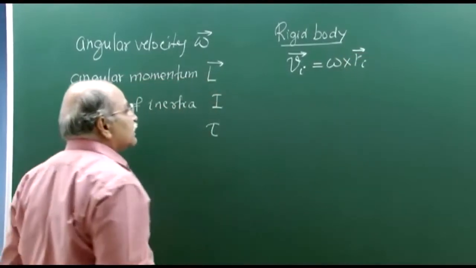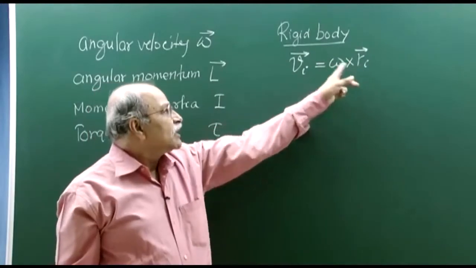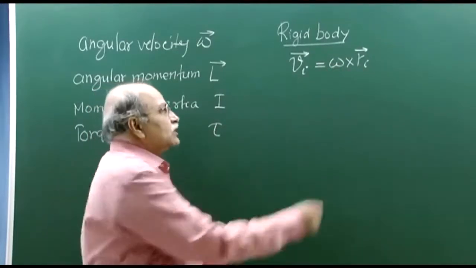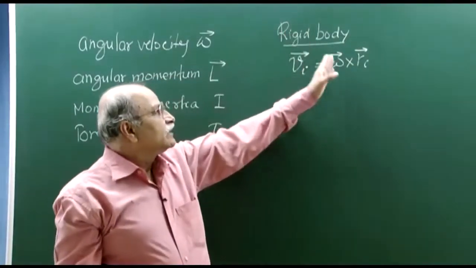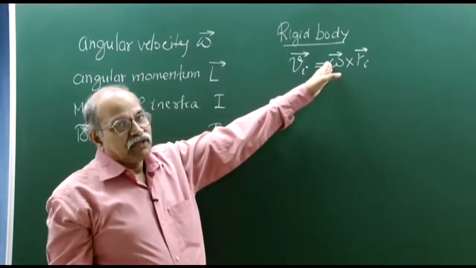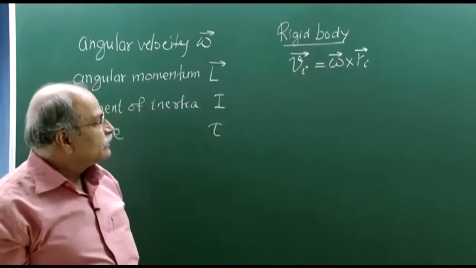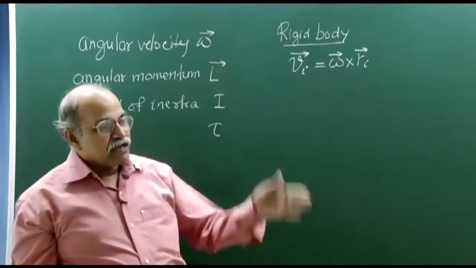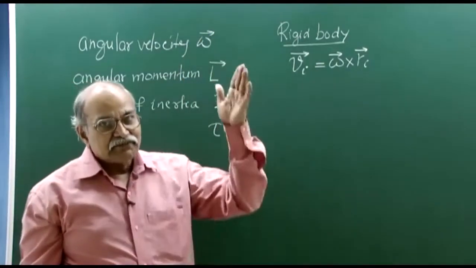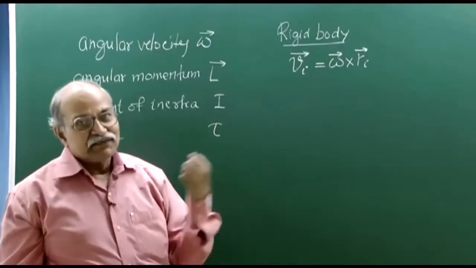Ri is the position vector of the particle, and this omega is the same for all the particles, then you say that this rigid body has this angular velocity vector. So, that is how one can identify omega.